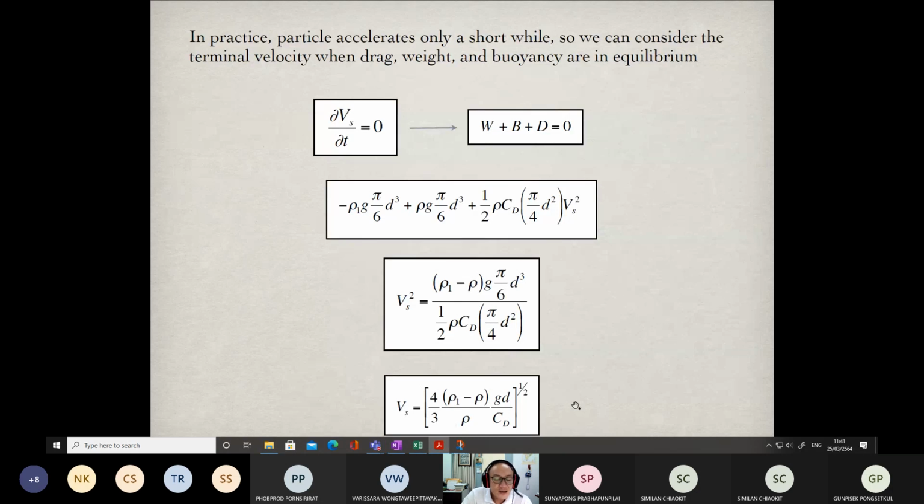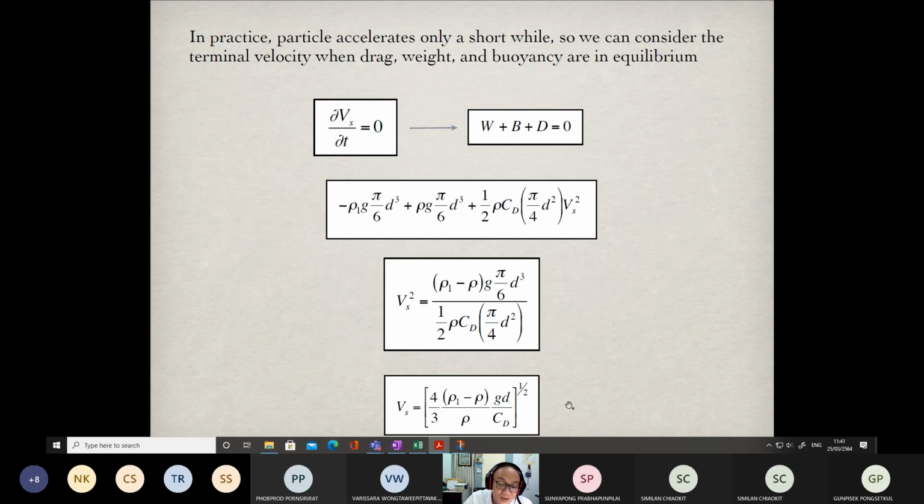This is the general equation we use to determine the settling velocity. Vs is equal to 4/3 times the difference between the solid density and water density. This is the general equation. CD is the coefficient of drag.